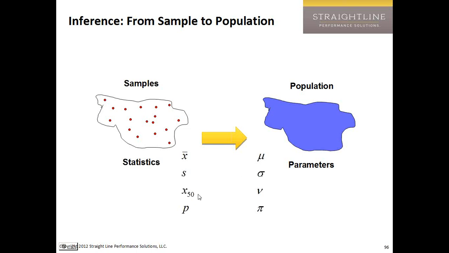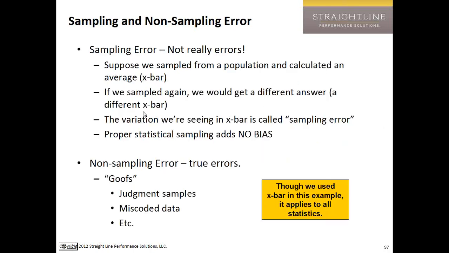The sample median, or the 50th percentile, takes us to the median of the population. And finally, a proportion of good, a proportion of bad, or the proportion of people that prefer Pepsi over Coke, takes us from a sample all the way to the population. So that's really what we're looking at: statistics helps us bridge the gap from the left to the right.